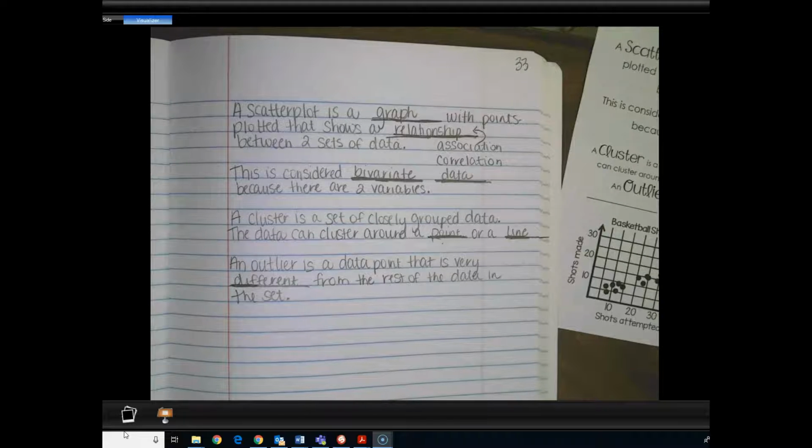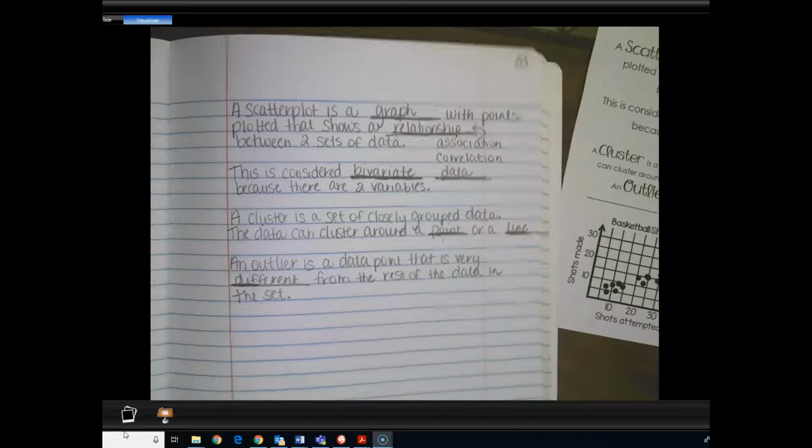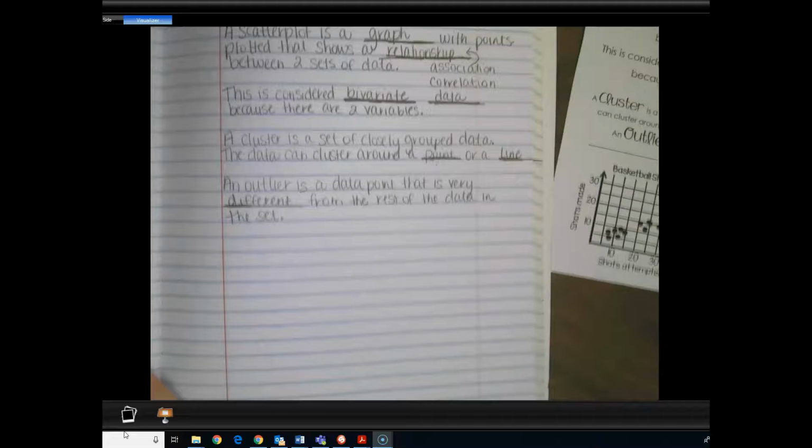Give you a minute to get that copied down. And then we're going to draw, if you need more time to copy it down, go ahead and pause and push play when you're done.